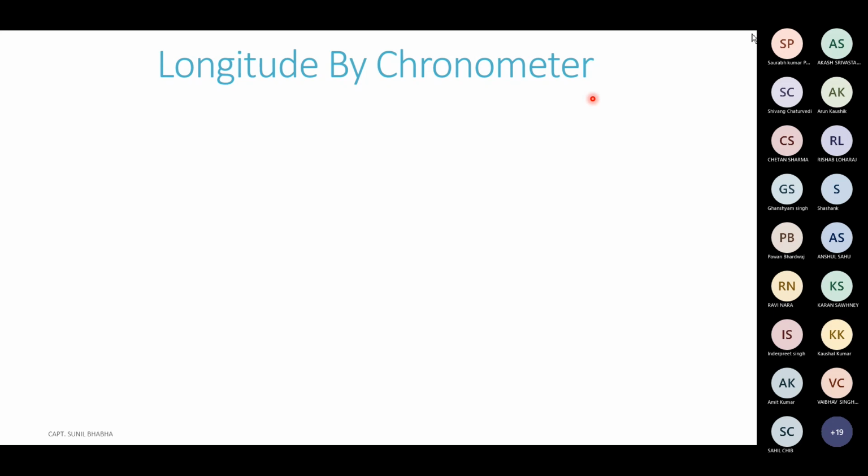So the name of the method tells us that if we know the GMT and we observe a particular body, or take the sight of a particular celestial body, we will be able to obtain a longitude. So that is the essence or the meaning of the method, longitude by chronometer.